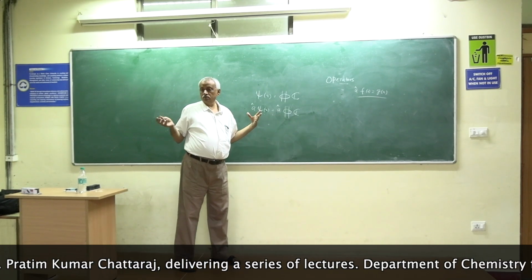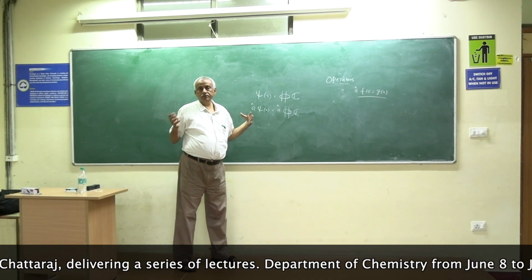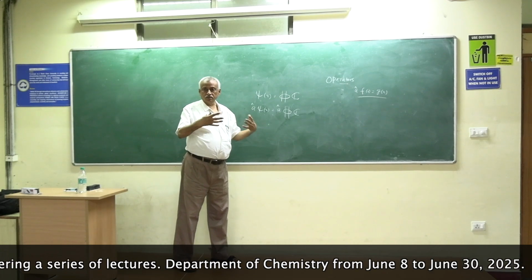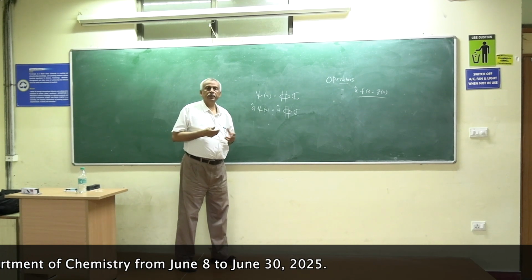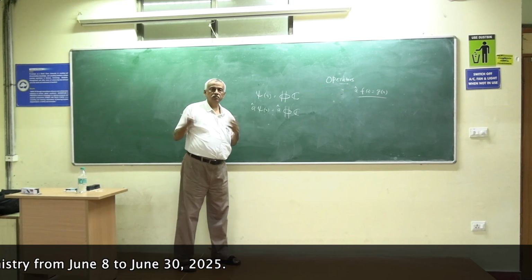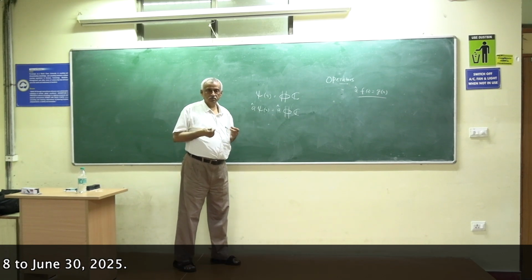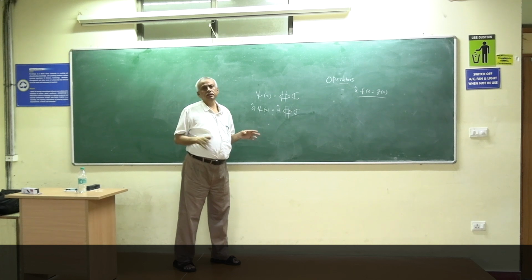Now we know when an operator operates on a function, what happens. We know that d/dx of sin x will give you a different function. Or d/dx of, let's say, x squared will give me 2x, another different function.